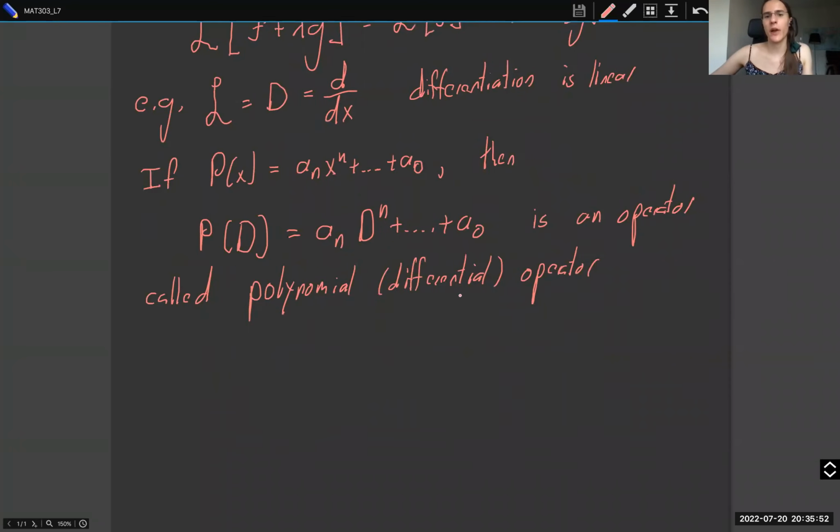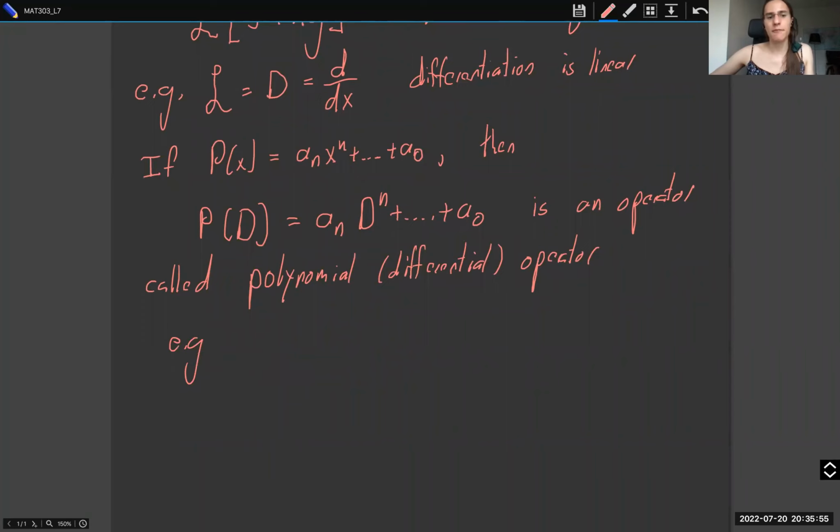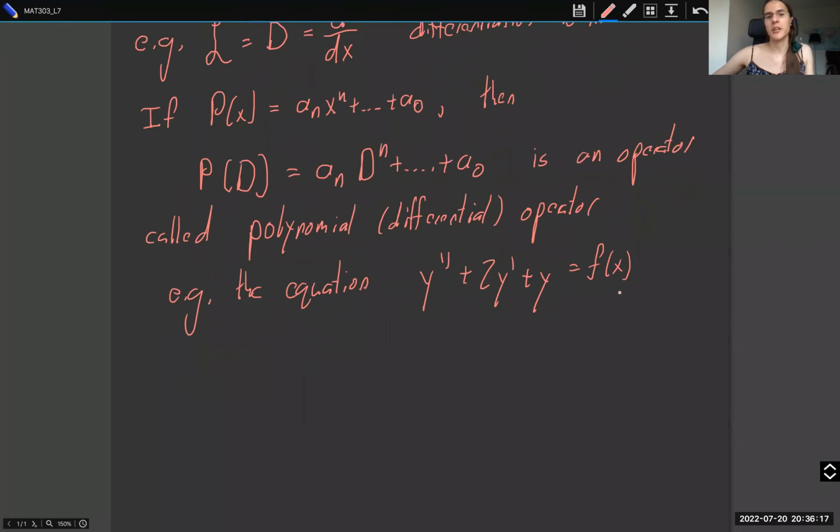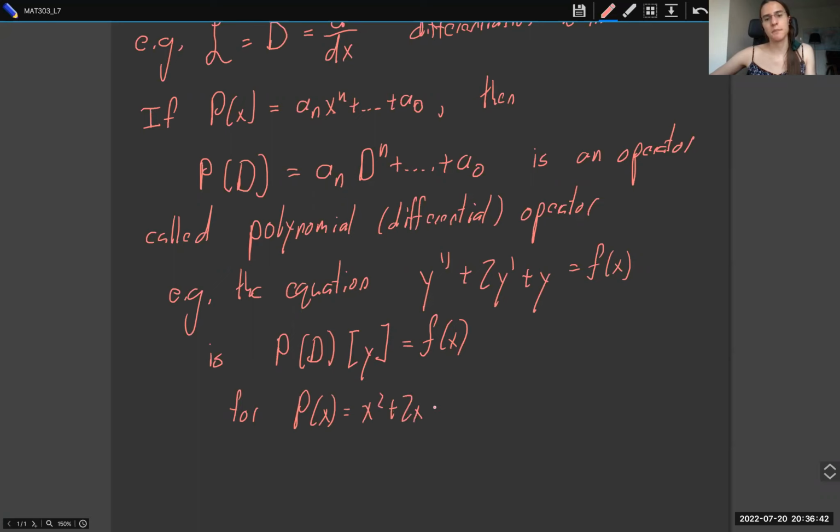Because in constant coefficient linear equations, for example, if we have the equation y'' + 2y' + y = f, so the inhomogeneous equation is P(D) applied to y is equal to f(x) for P(x) = x² + 2x + 1, right?